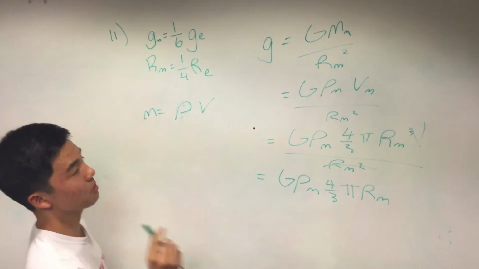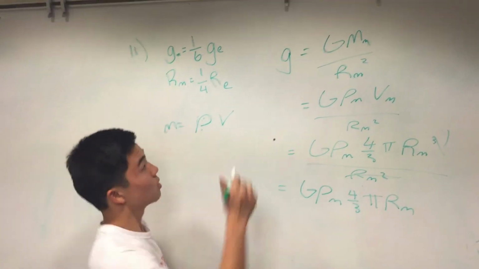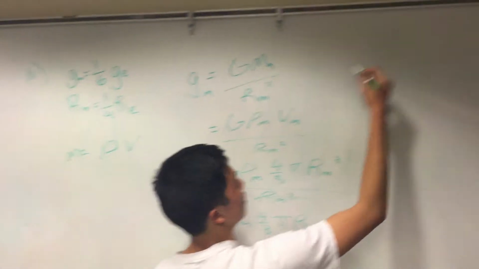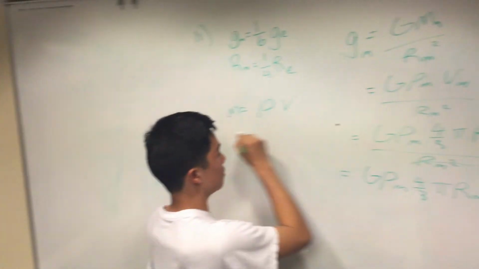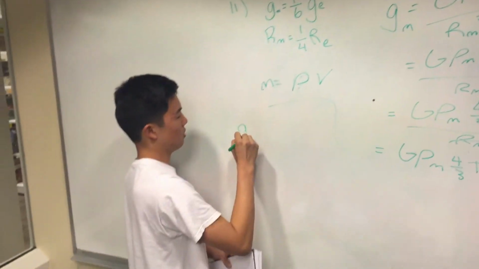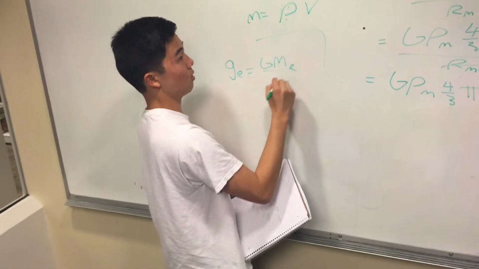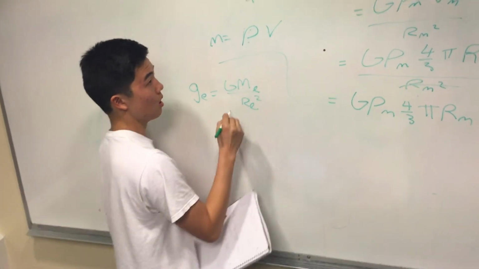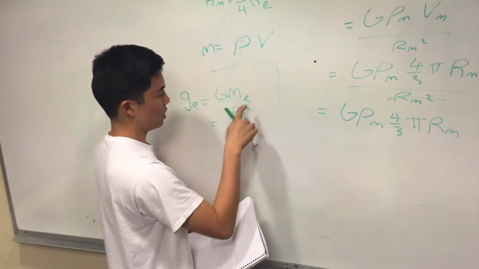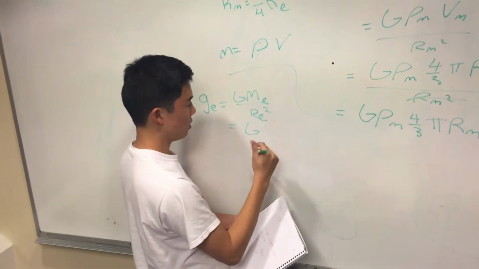All right, now we're going to do the same thing for Earth. Okay, so this is for the Earth. So G M of the Earth over R of the Earth squared equals, we're going to change mass into density times volume.